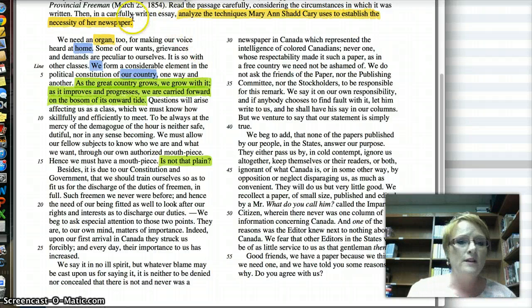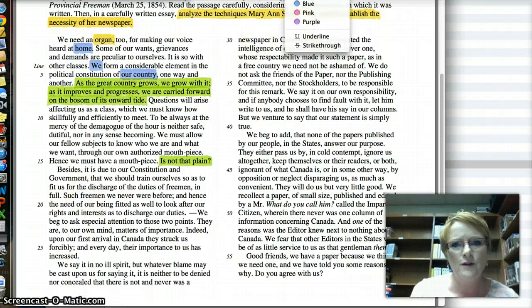Now, when we're thinking about diction and word choice, I like this idea of the word "organ." I like this idea of her talking about home. She seems to be making a definite distinction between the United States as their home and Canada as the place where they're hanging out for now. I also like that she's using this word "free men."